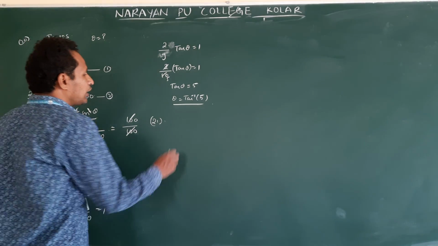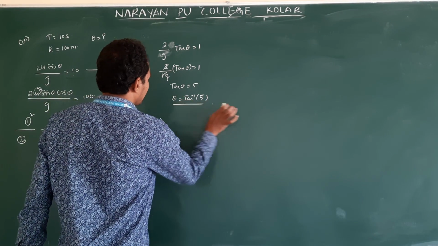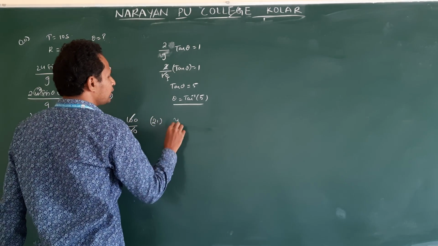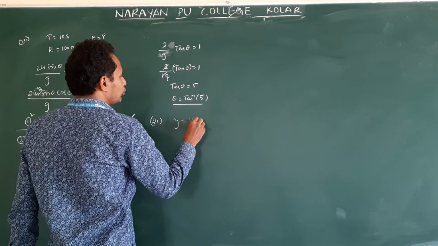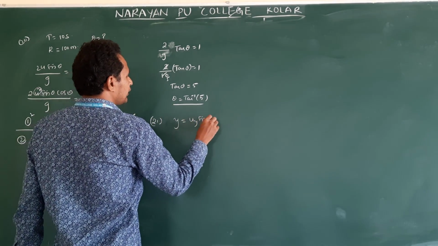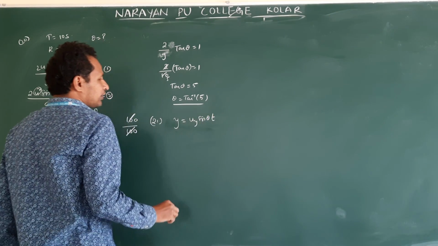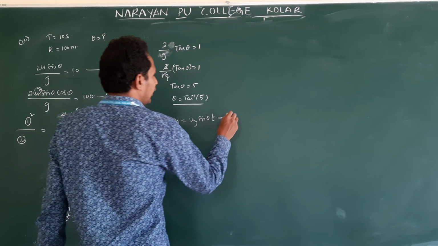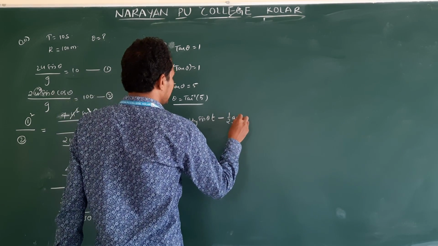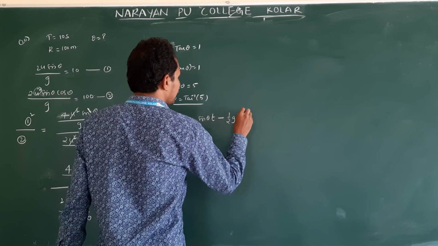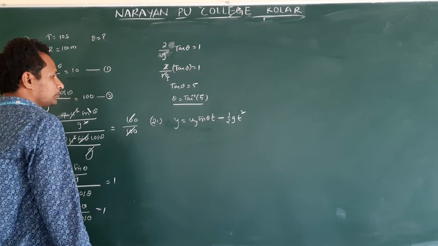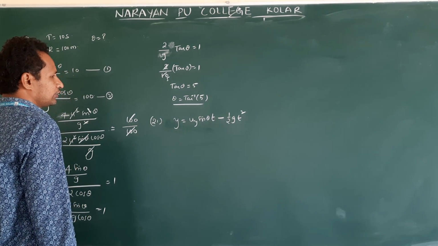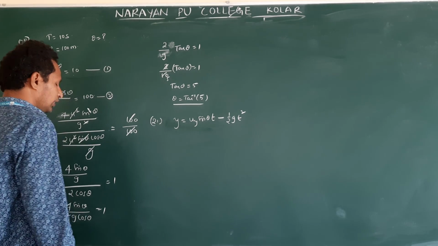So a ball is thrown so that its height is h1 and h2 at times t1 and t2. Okay. So follow the projectile motion equations. What is the height equation? y is equal to u sin theta t minus half g t square. Clear? Am I correct or not? Yes.